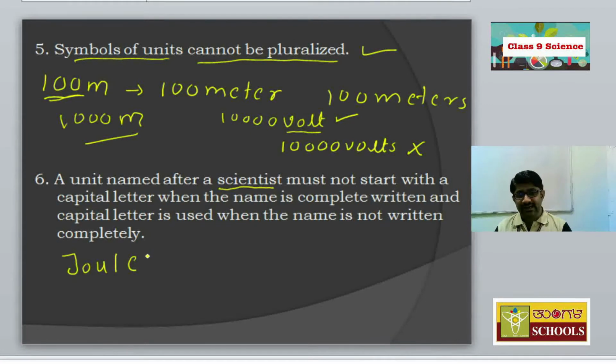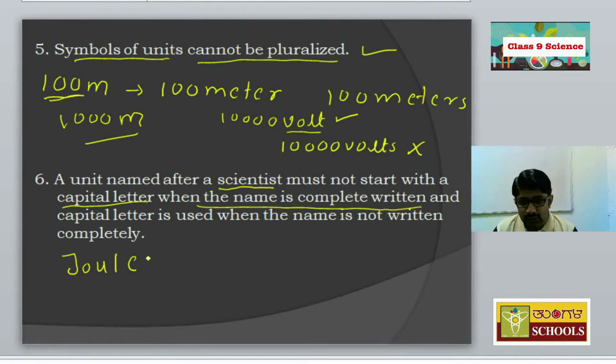For unit case, joule is the name of the scientist. A unit named after a scientist must not be written with a capital letter when the name is completely written. When the name is completely written, you must not use capital letters at all.